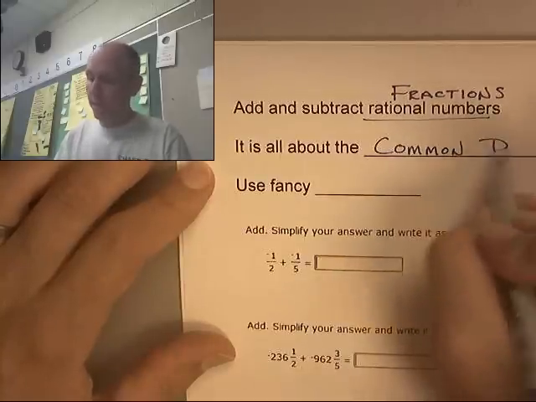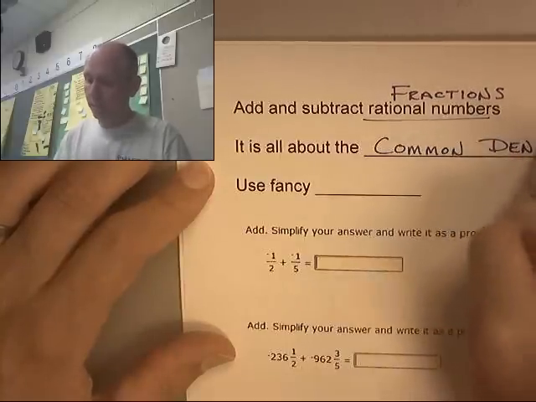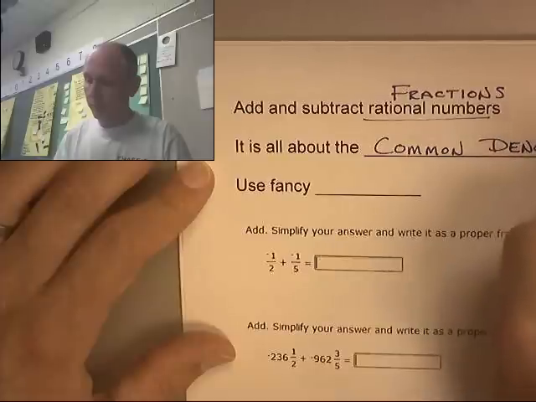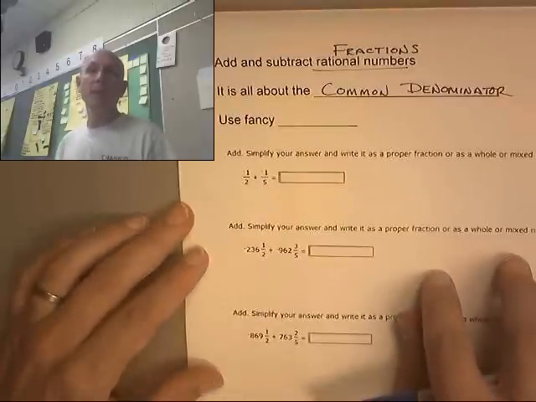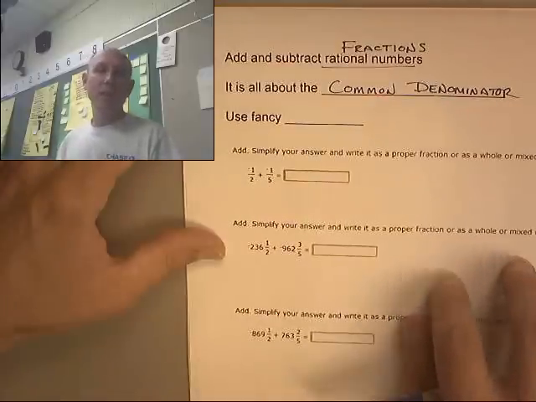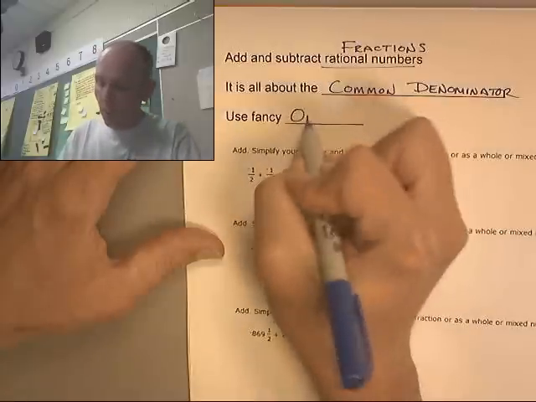The common denominator. In order to build common denominators, I use what I call a fancy one.